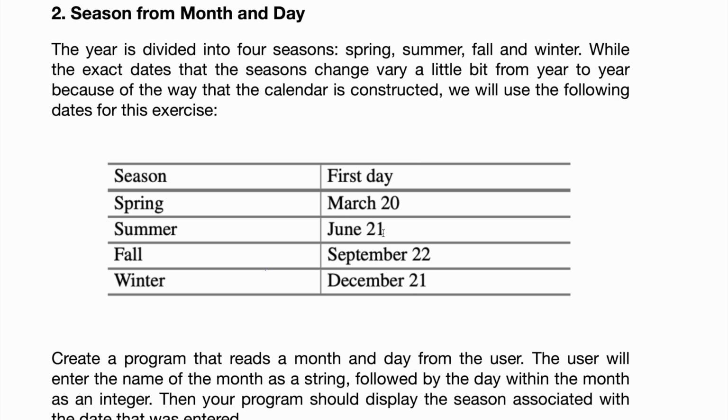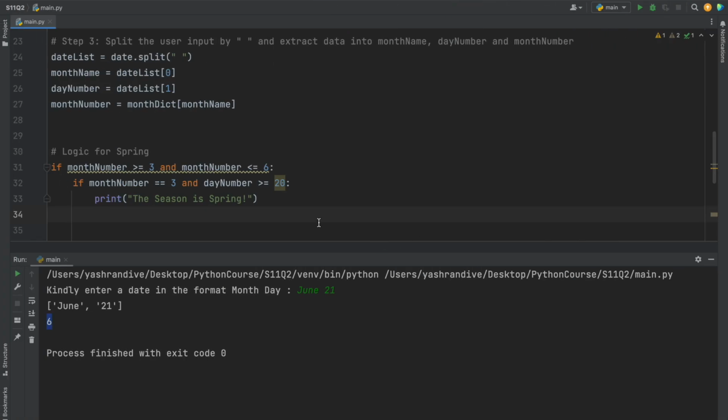So you already have a condition that says the month is between March and June. And then you have also set a condition that if the month is March and the day is on or after the 20th of March, it's spring. But now the condition that you're trying to code out is if the month is June and the date is before the 21st of June and not the 21st of June.